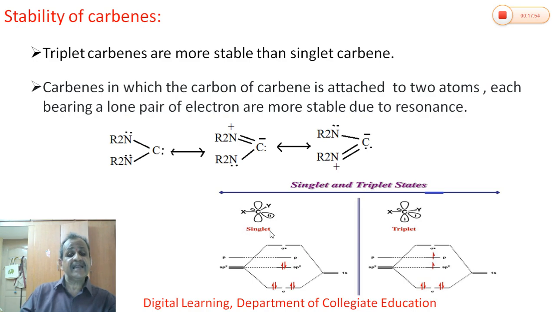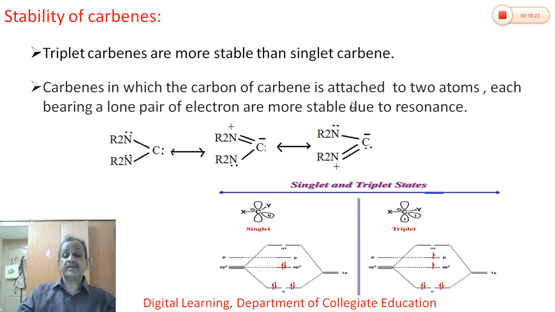Then it is called the singlet state. When they become unpaired and distributed between two orbitals, it is called the triplet state. Triplet state carbene is more stable than singlet state carbene. So here, this one is more stable than this one.